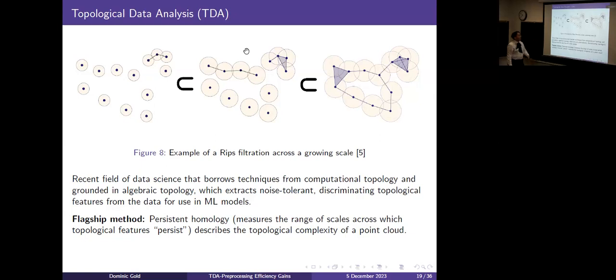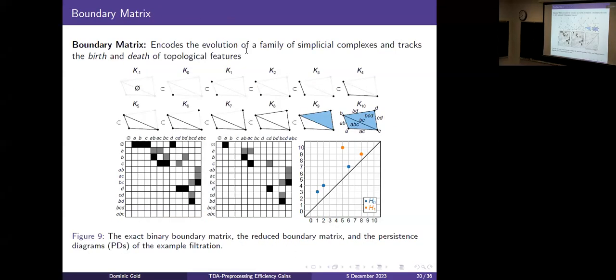And so what TDA does is its flagship method, persistent homology, describes the topological complexity of a point cloud and uses those to augment machine learning models, okay? In a sense, it's not a model really, but you use it. It's like a really, really nice feature extraction. Okay.